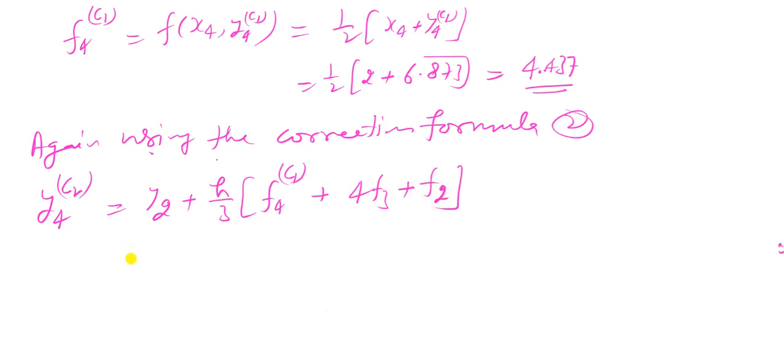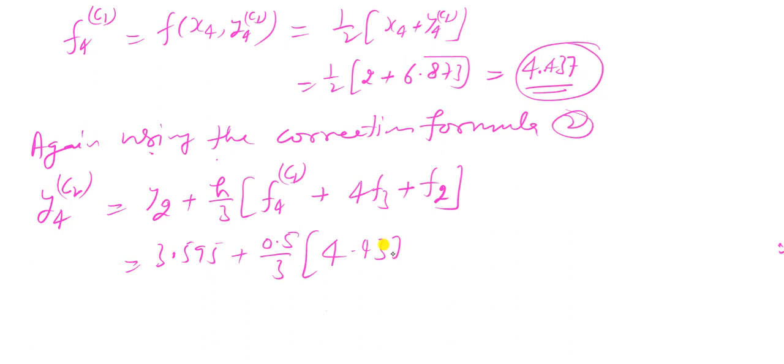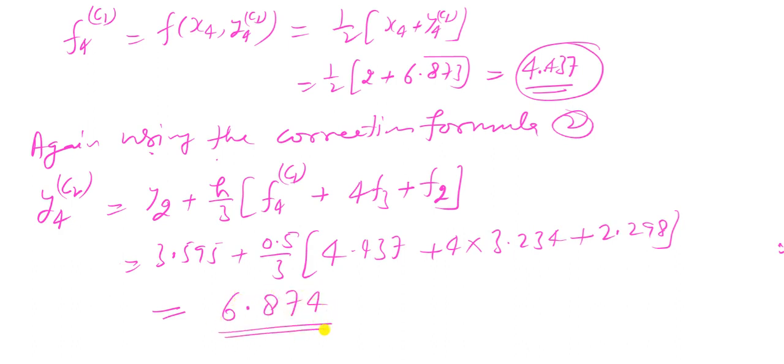Now substitute all these values. y2 is 3.595, h is 0.5 upon 3, and f4 of c1 is 4.437, plus 4 into f3 is 3.234 plus f2 is 2.298. Simplify this with the help of the calculator, then we obtain 6.874, correct to 3 decimal places.